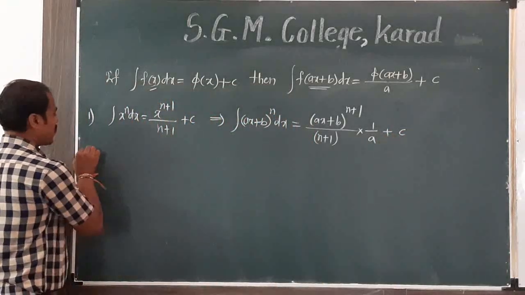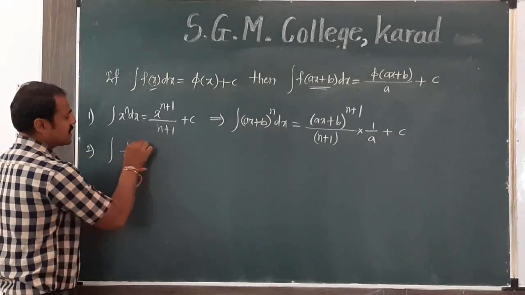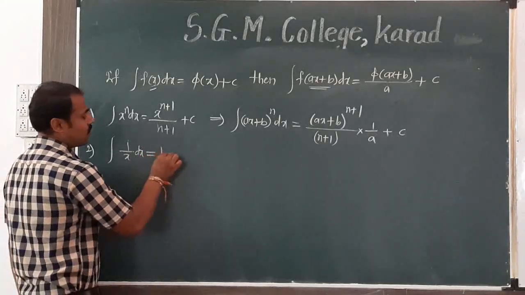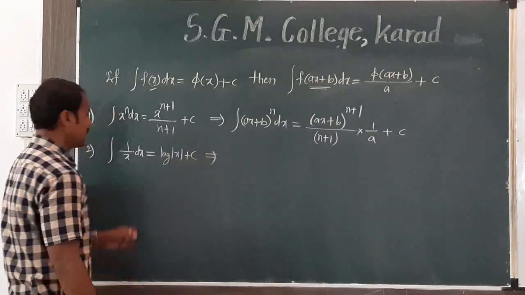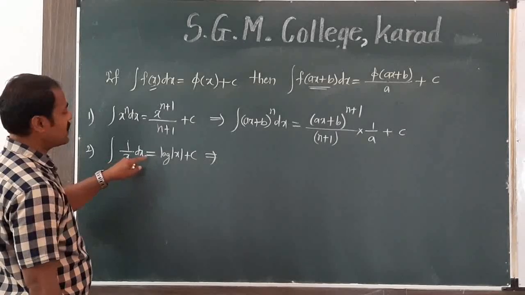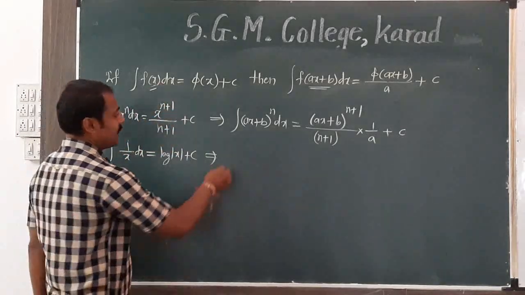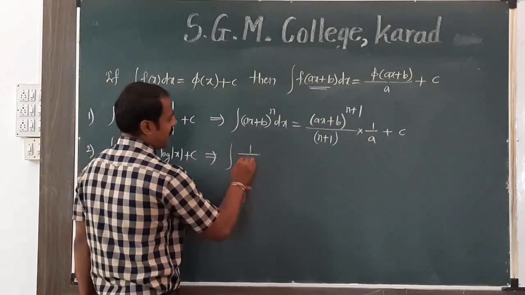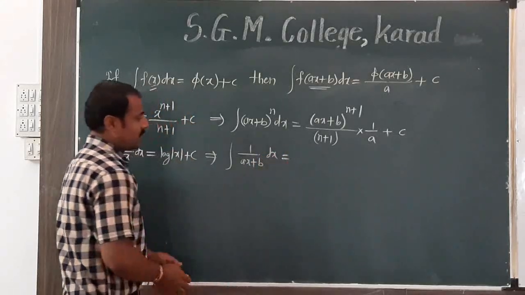We know that the second formula for integration is integration of 1 upon x dx is equal to log of mod x plus c. Yes, if integration of 1 upon x dx is equal to log of mod x plus c, then by the corollary, integration of 1 upon ax plus b dx is equal to what?